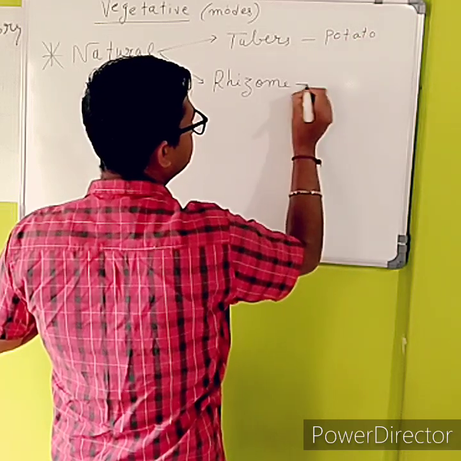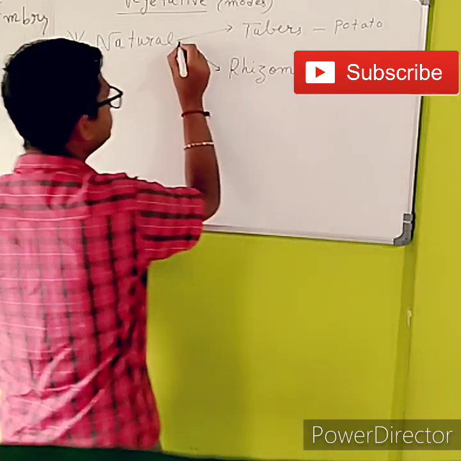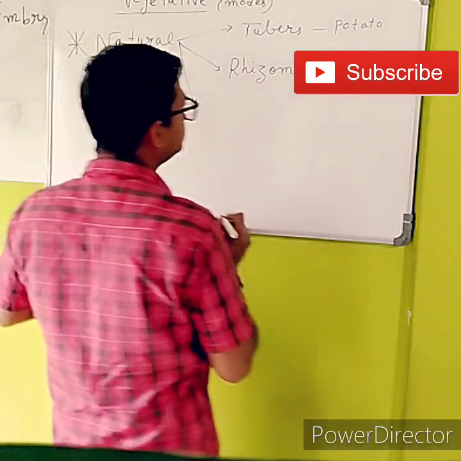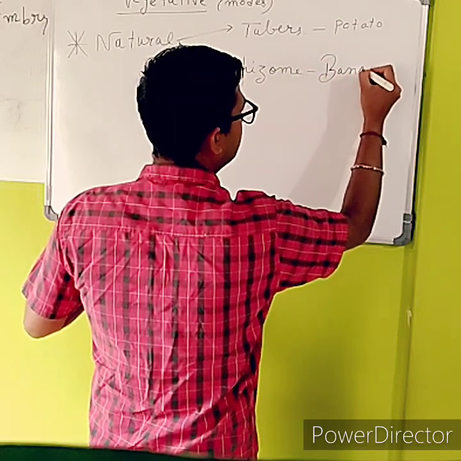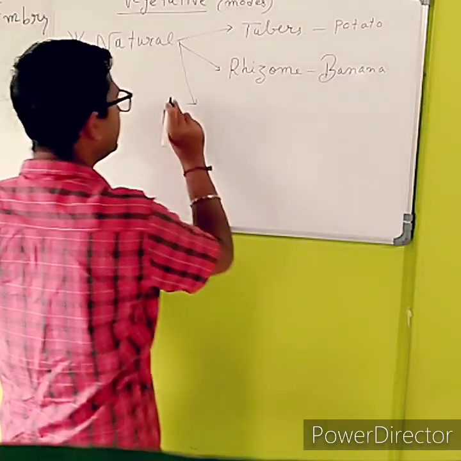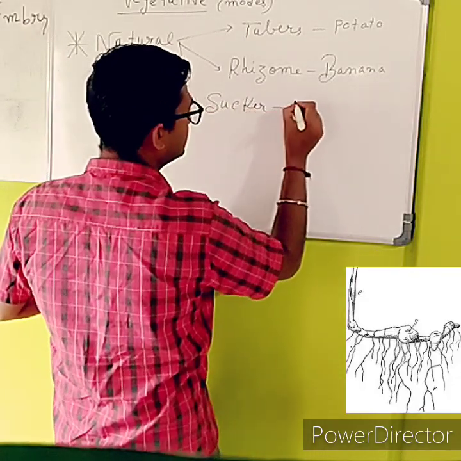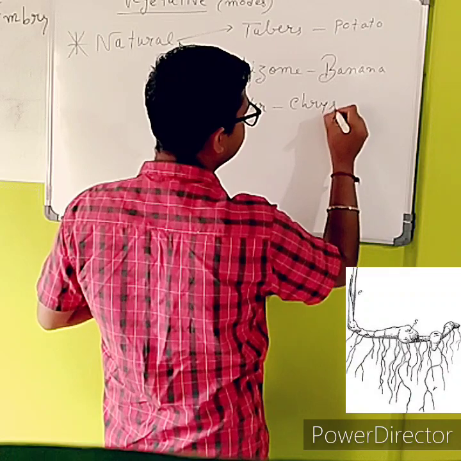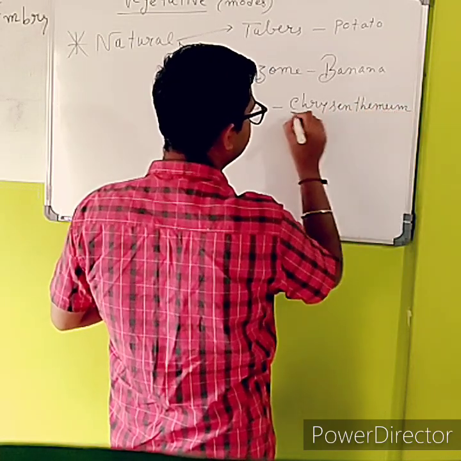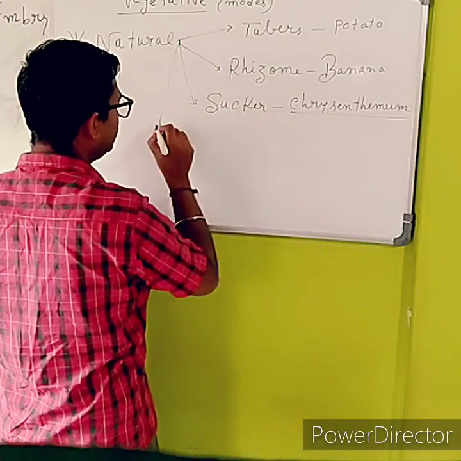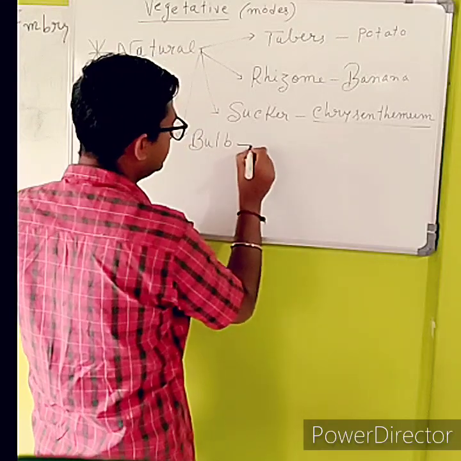For example, potato is a tuber. Banana is an example of a rhizome, the banana plant. The example of a sucker is chrysanthemum. These you already have in your first year syllabus. The next one is the bulb.